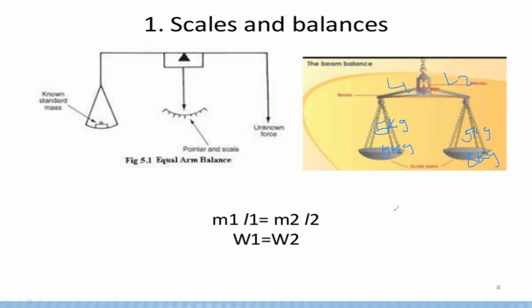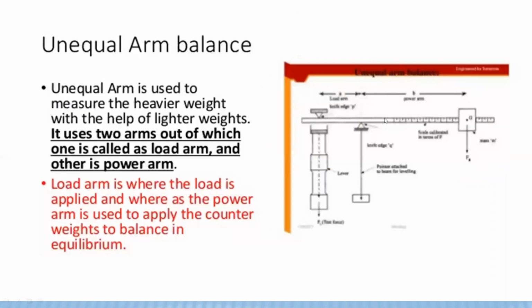Suppose the right side arm has the highest weight, then L2 is increased. In this case, I am calculating how much deflection is placed on the equal arm beam balance scale. So this is the overall working procedure of scales and balances.